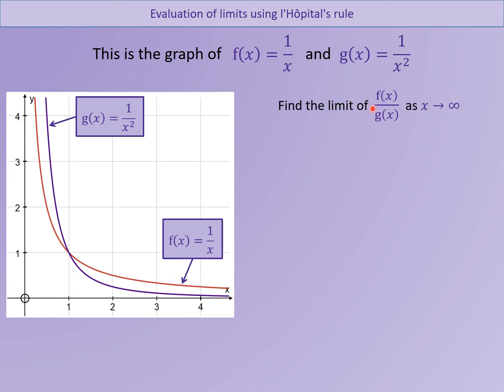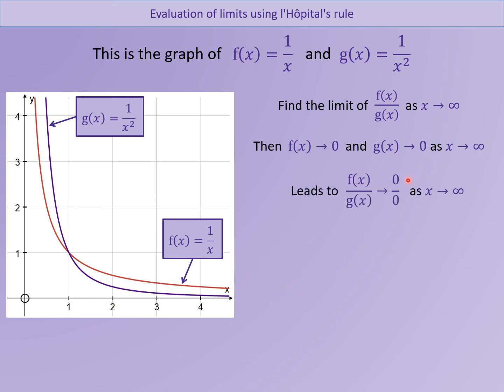So really, for the limit of f of x over g of x, they both tend towards 0 as x tends towards infinity. And you get this answer that f of x over g of x tends towards 0 over 0, which is clearly undefined. We can't do anything with 0 over 0.